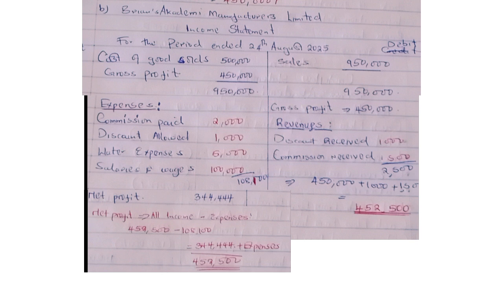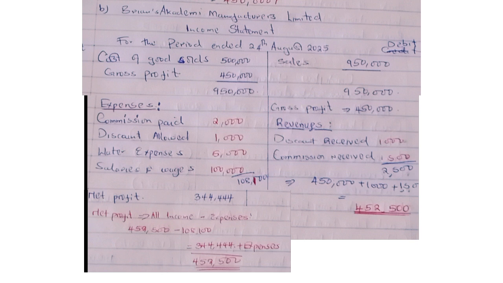So the income we are talking about is the one that we calculated under the debit, that one for 452,500. So we are going to take that one on our right hand side. We take it, we minus 108,100. That was our expenses, and we'll come up with 344,444. So that one will be our net profit.